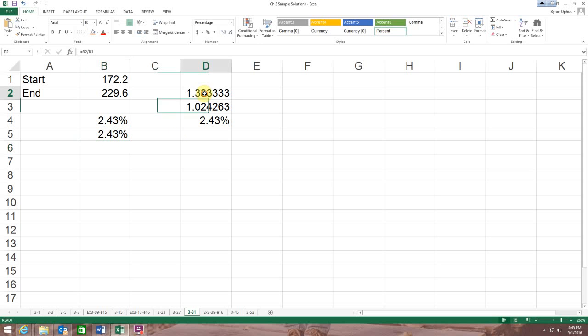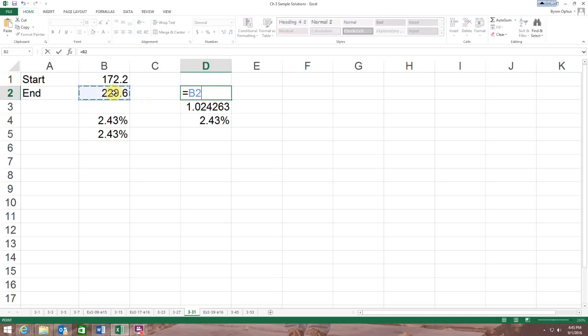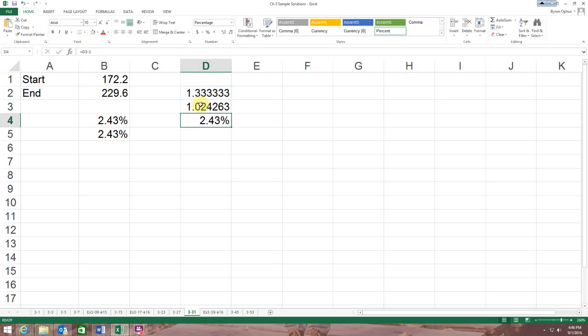All I did over here was separate it out, okay, and you could do it this way as well. You could say that this is equal to the value at the end of the period divided by the value at the beginning of the period, okay, and then this is equal to this number to the 12th root, and then this is equal to that minus 1.